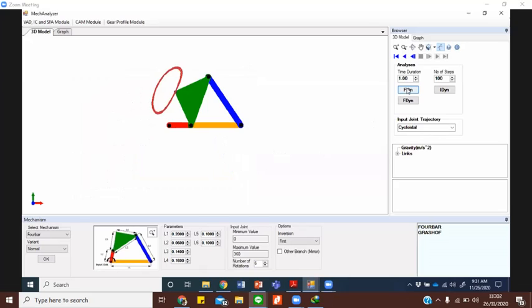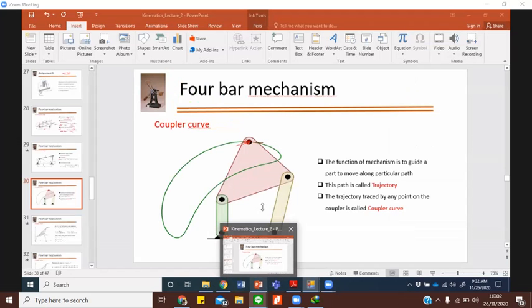So when we do the forward kinematics and see how this point is moving and making a curve, this is actually your coupler curve. Okay, let's go back to our slide.